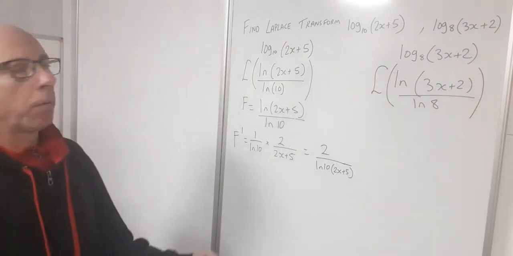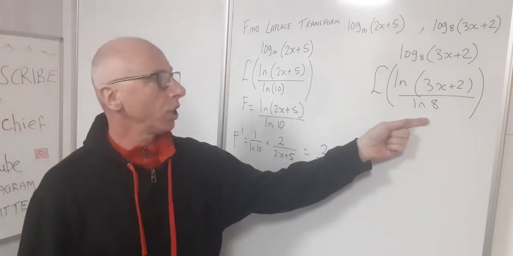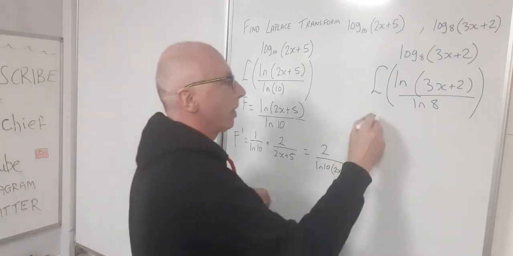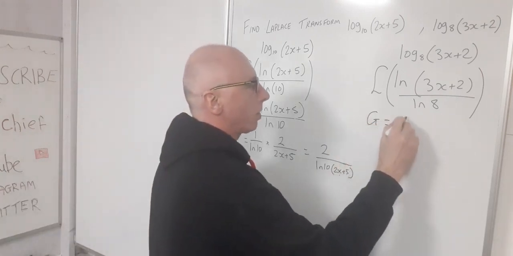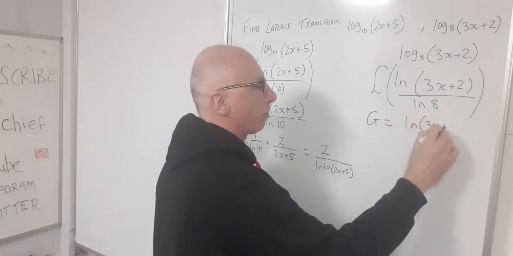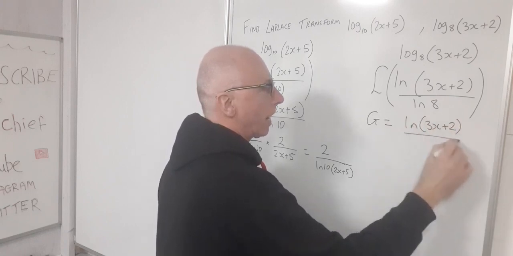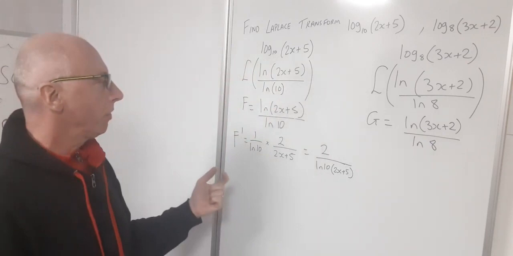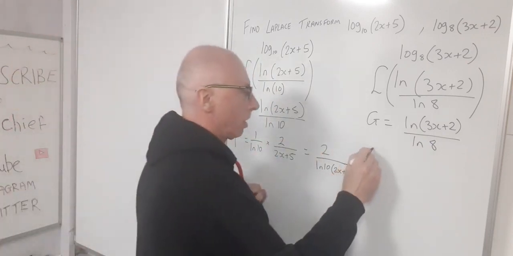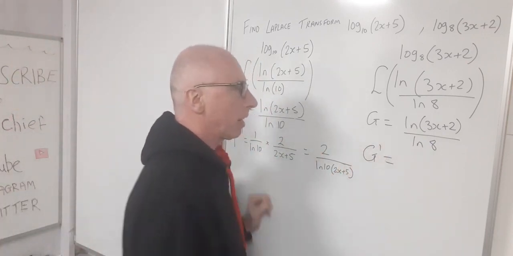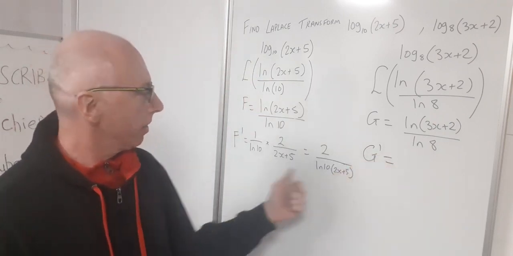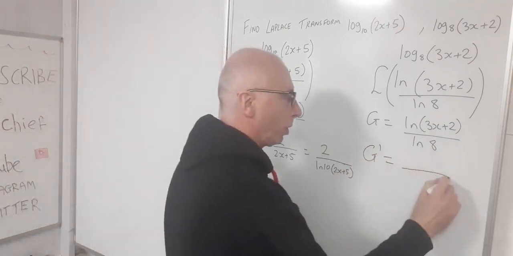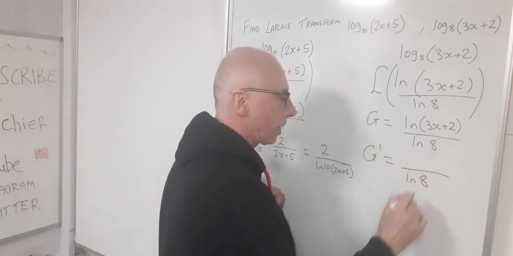Okay, so now we'll set our function g this time to this interior one here. So g equals ln of 3x plus 2 over ln 8. And we need to find our derivative of g. So g prime equals, well, ln 8, same as here, that's a constant multiple, so ln 8 goes straight in.